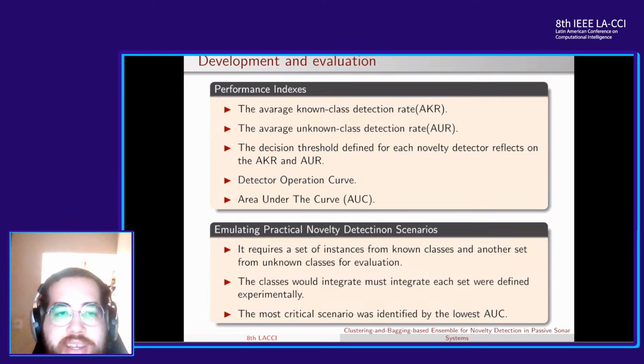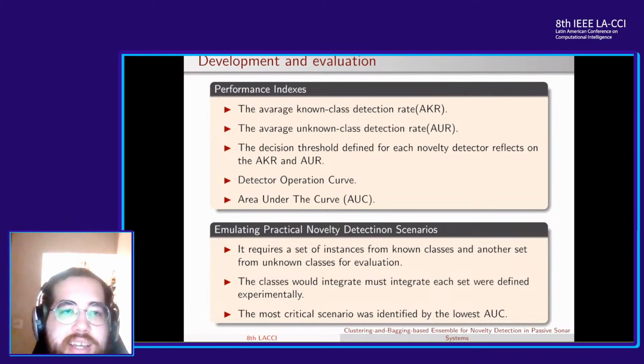To simplify, if the operator accepts a higher false alarm rate regarding identifying novelties in some emergency scenario, the system can achieve a higher novelty rate and a lower null rate. In this way, the relation between both performance indexes may be experimentally inferred by varying the threshold value to produce a plot named detector operation curve. A quantitative measure of the detector operation curve is the area under the curve, the AUC.